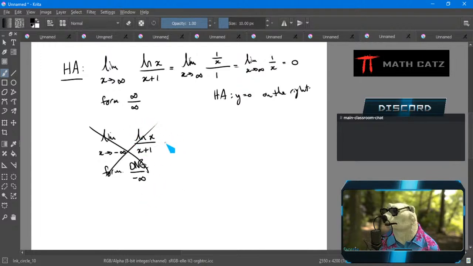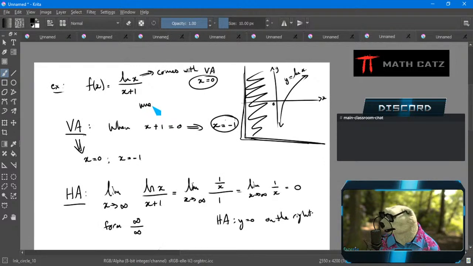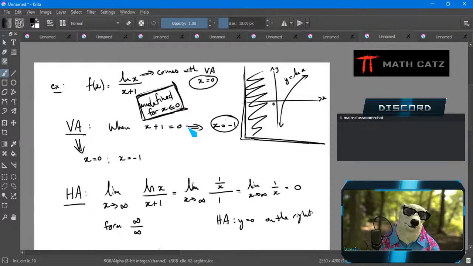There are no y values for some of these pieces, meaning there are no y values for the whole thing. This is undefined for x less than or equal to 0, meaning that no question involving those x values makes any sense and should not be asked because of the presence of this log. It screws up the whole left side of the graph. It doesn't exist, which means I can't ask a question about something that doesn't exist.